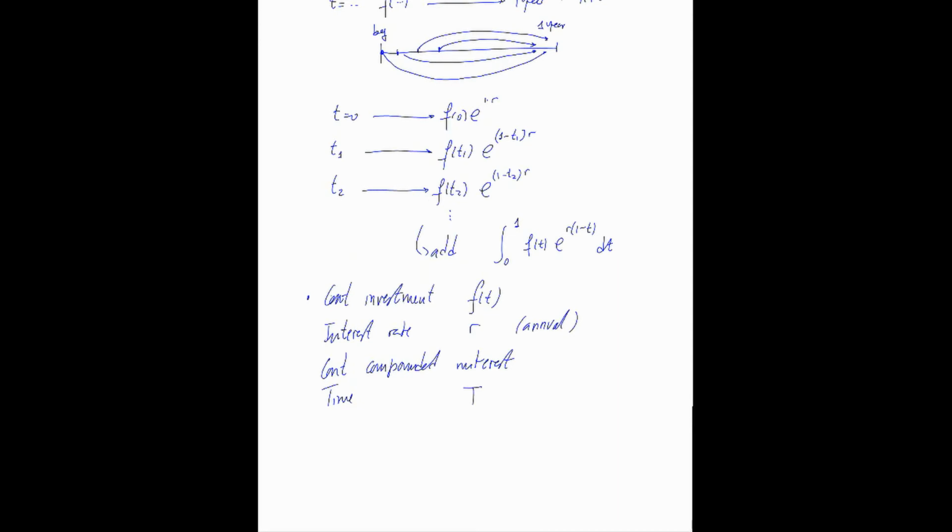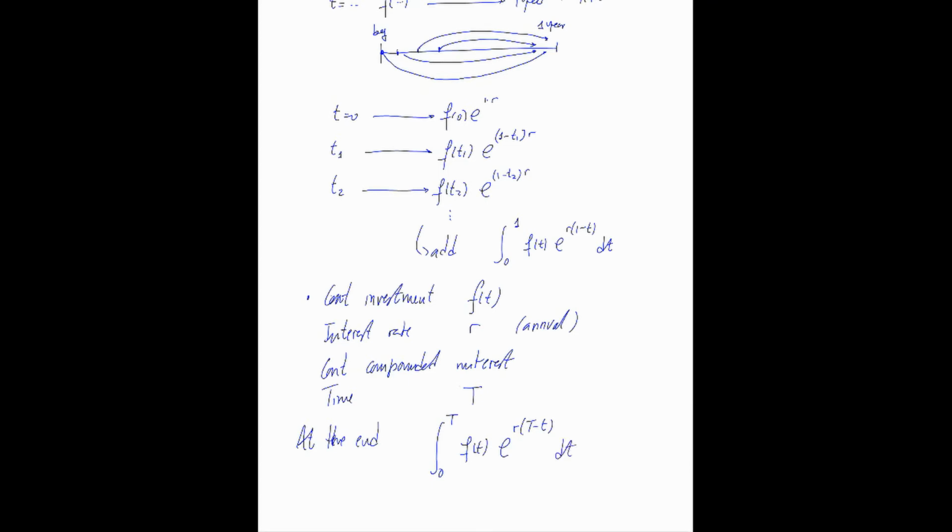So how much money do you have at the end of the period? At the end of the period, you will have the integral from 0 to t. Now, how much you invest, and it's compounded, so it has to be an exponential, of the rate times the total time minus the time at which you invested, dt.